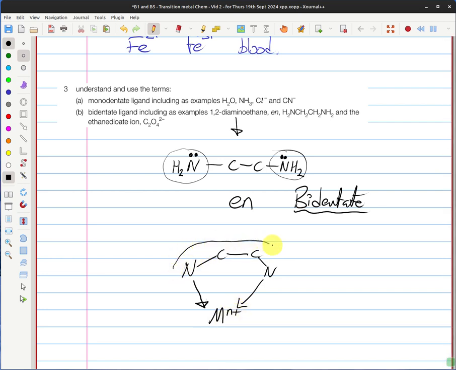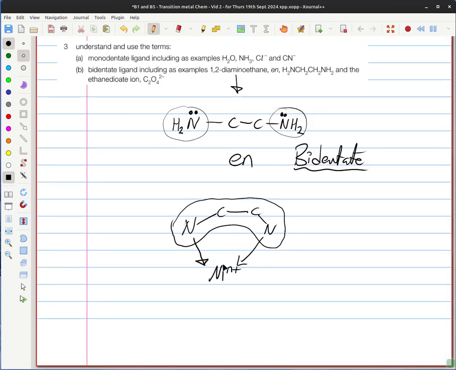So here's our ligand encased in this bubble, and it's making two dative bonds, a bit messy, to the metal ion using its lone pair on each of the ends.